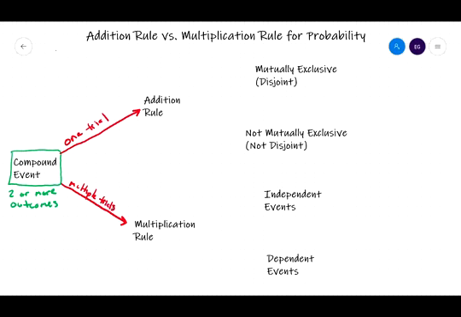Okay, so two or more events happening at the same time, and that's the key here. Or are they two events happening one after another? And that determines whether or not we use the addition rule or the multiplication rule. Don't worry, we'll do a couple of examples in this video once we get through determining when to use what.